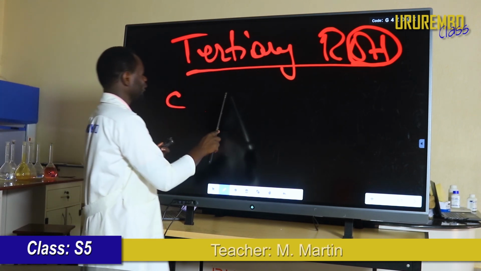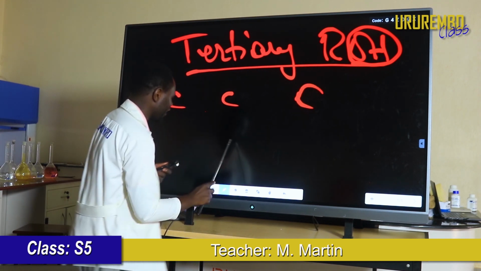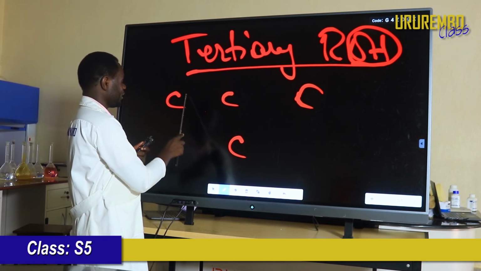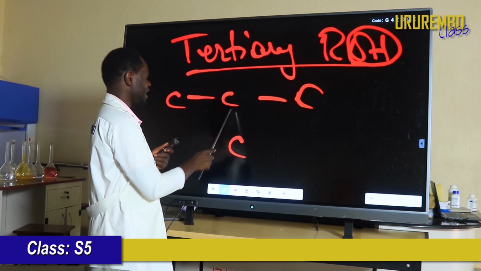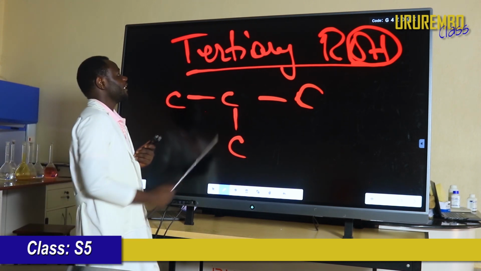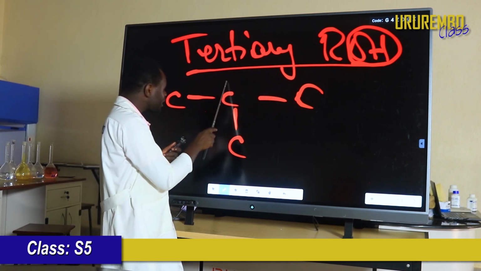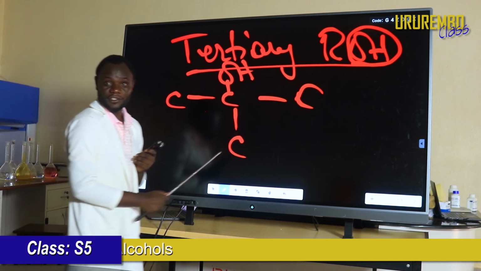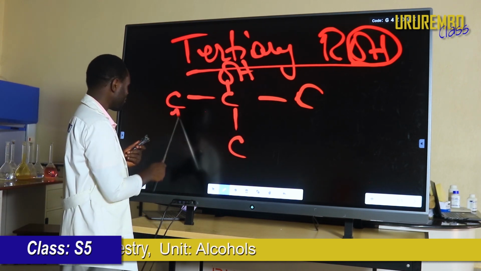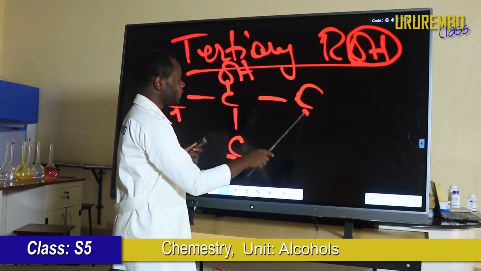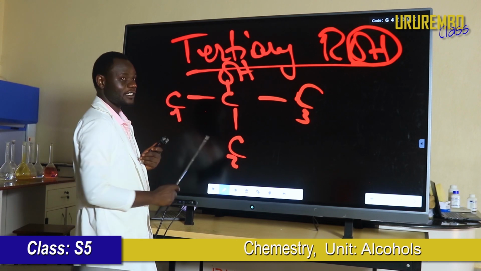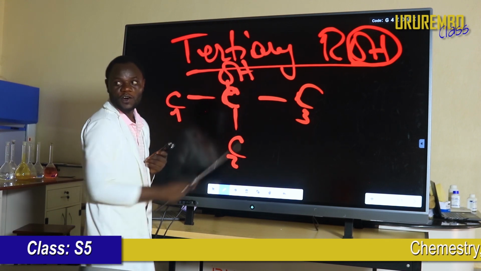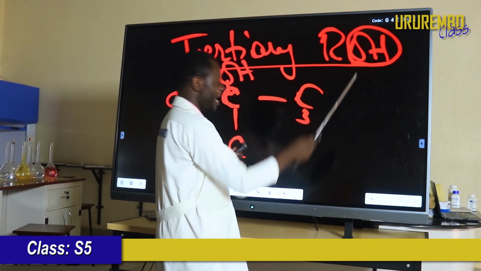We have carbon 1, 2, 3, and you have another carbon here, and those carbons are bonded together. This is a bond, this is another bond, and this one is another bond. So in tertiary alcohol, the carbon carrying OH is directly attached to three other carbons, carbon number 1, carbon number 2, carbon number 3. And this one is tertiary alcohol.